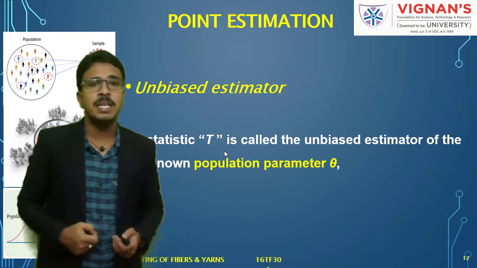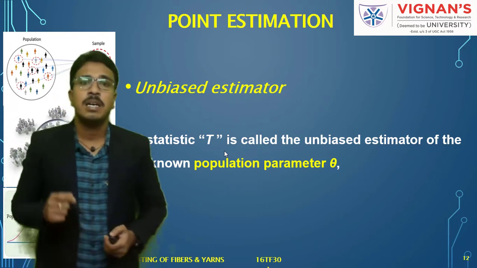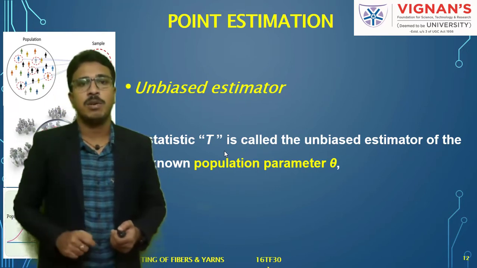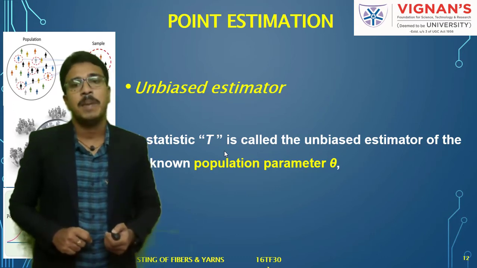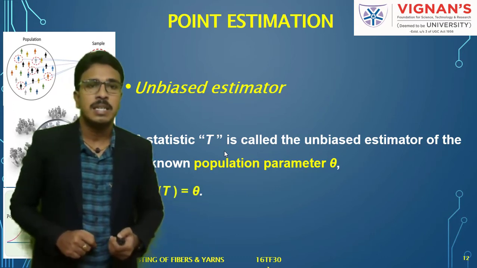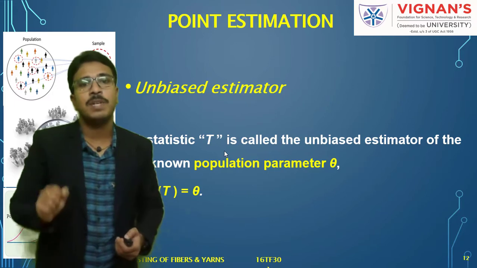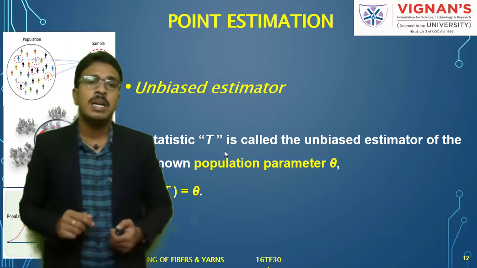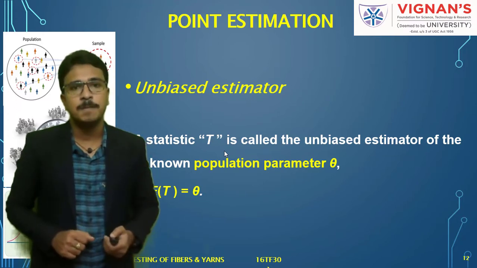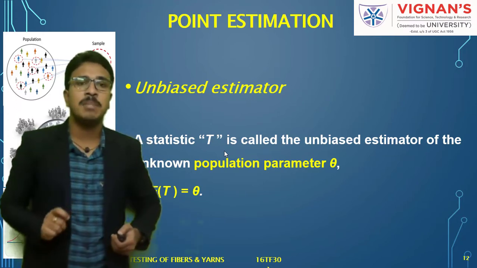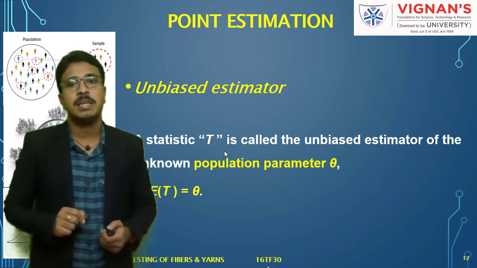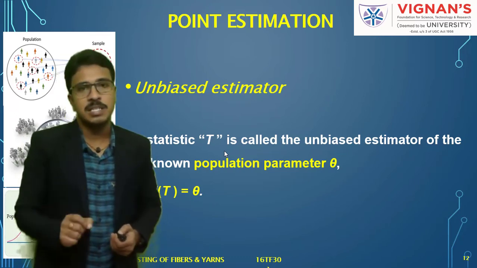So again, I am repeating, a statistic T is called the unbiased estimator of the population parameter theta. That is, the expectation of T is equal to theta. This theta is nothing but the unknown population parameter, and T is nothing but an unbiased estimator.